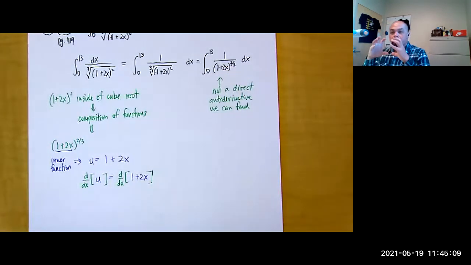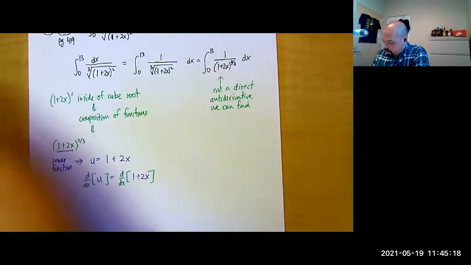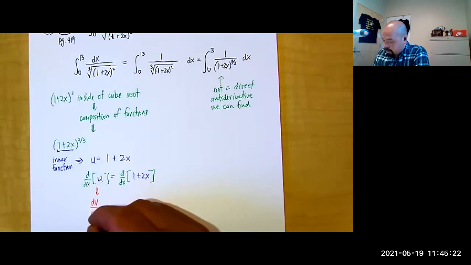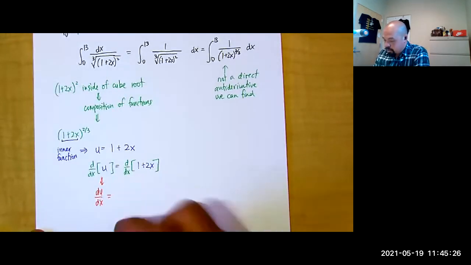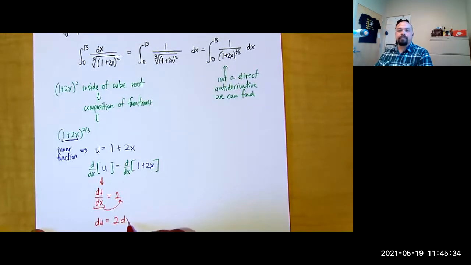So I'm just taking the focal innermost function, 1 plus 2x. That addition includes the 1 plus, okay? Because once I take that derivative, du dx, derivative of 1 is 0, derivative of 2x is 2, multiplying both sides by dx, du is equal to 2 dx.